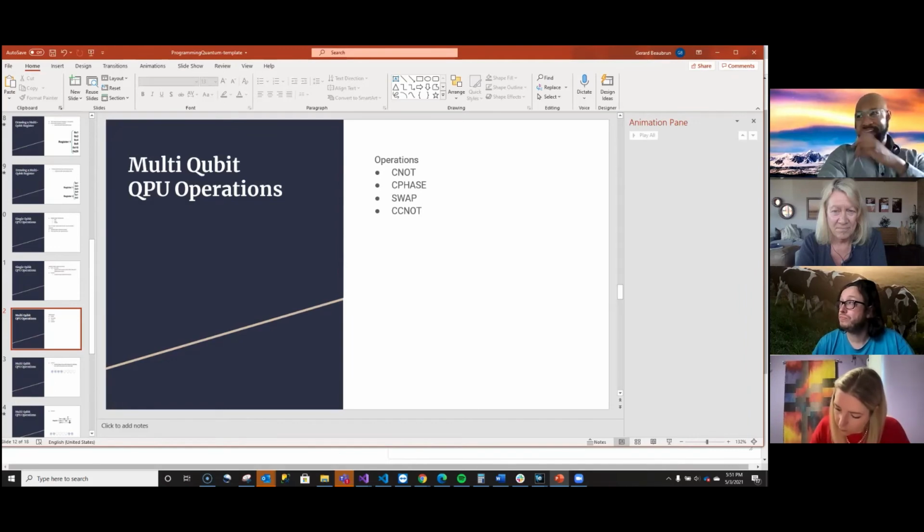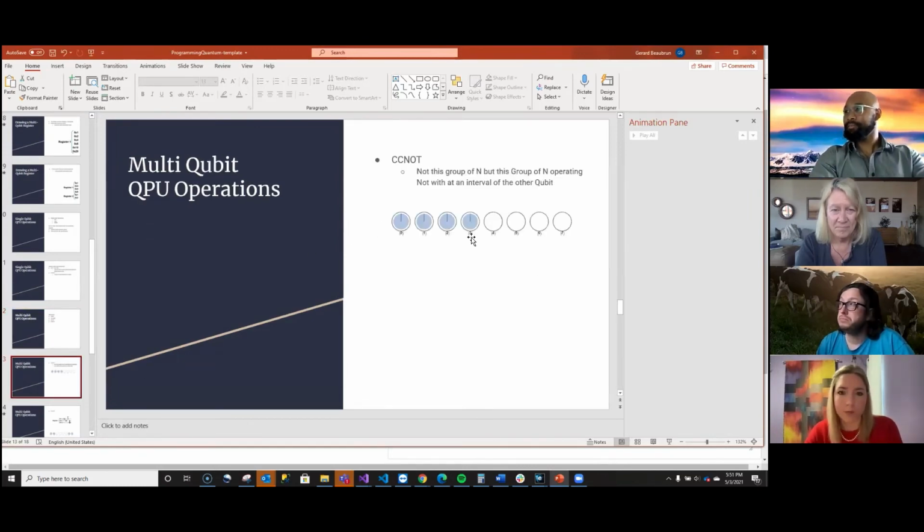First, I think we're going to start with one of the easiest ones to comprehend, the CNOT. Then we'll get into C phase, we'll talk about swap, and then of course the CCNOT, which is very interesting, but apparently the CCNOT is one of the most powerful operators that we can use here.